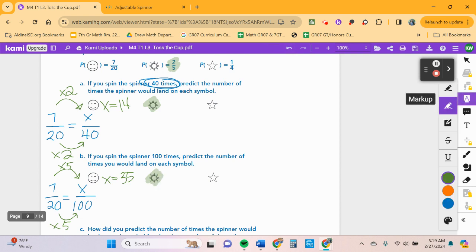And then I also want you to predict the probability of it landing on the star 40 and 100 times using that original probability of 1/4. Set your timer for 3 minutes max. 3 minutes to do these four proportions, either on your own or with a partner. So 3 minutes max. Pause here.